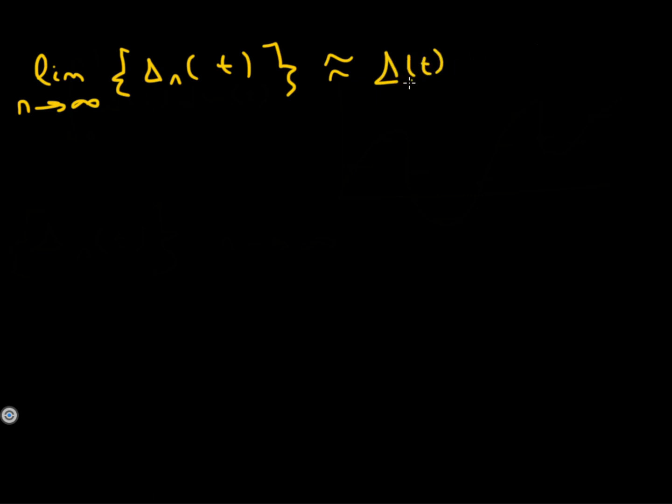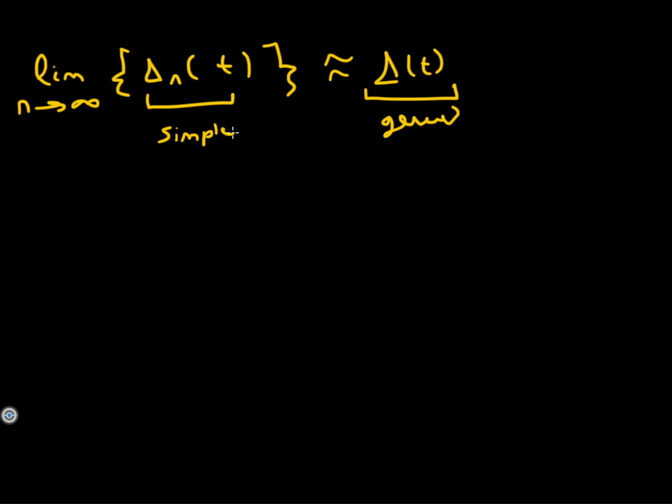So, limit n tends to infinity. Let's look at the partitioned simple processes. So it's going to give us the general process. This is the idea lying behind taking the Ito integral of a general process.